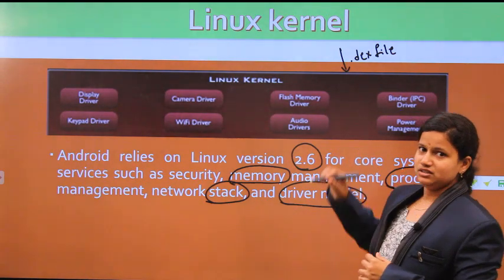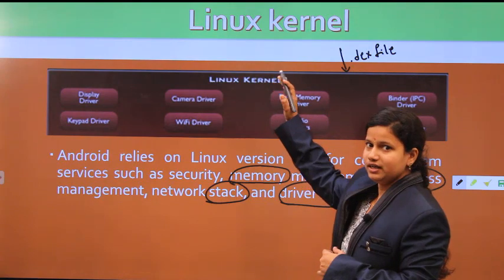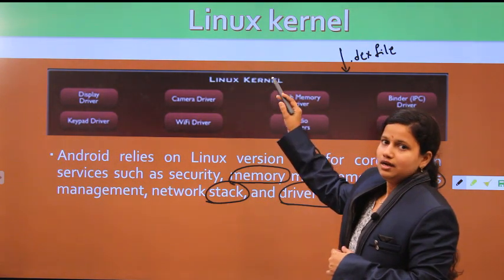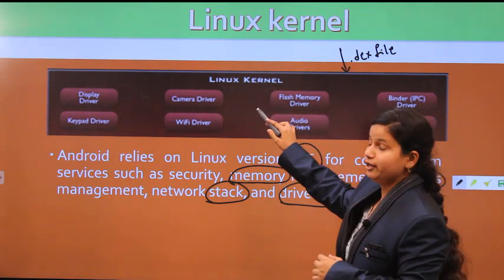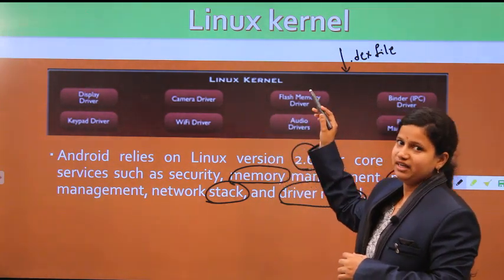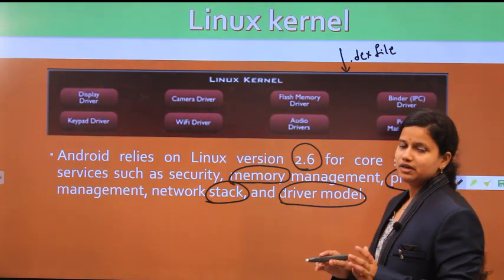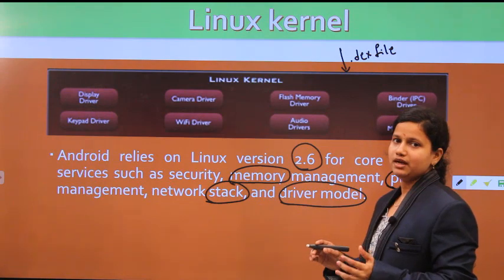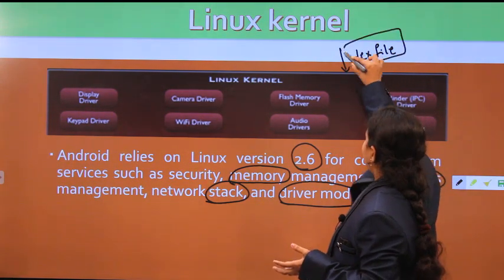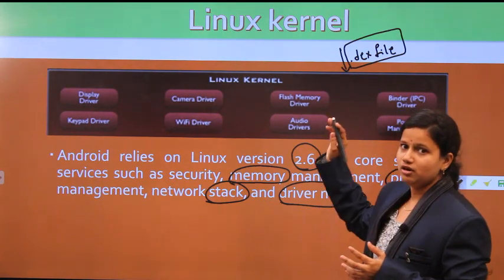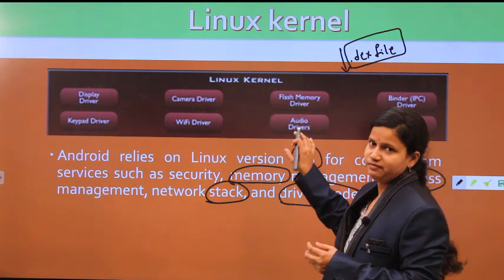In the previous slide, we already discussed the layer above this, libraries and Android runtime. So it will take the input from the Android runtime layer. The Android runtime will compile the Java application code and give a .dex file format code. This .dex file format code is given as input to the Linux kernel.